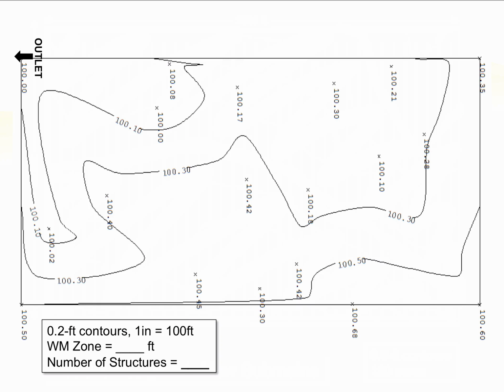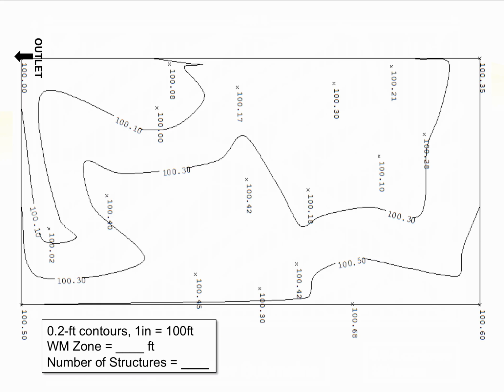Here's something I'm not going to ask you to spend any time drawing, but let's just think about it for a second. What would our zones look like for a field like this? Don't be fooled by the contour lines.